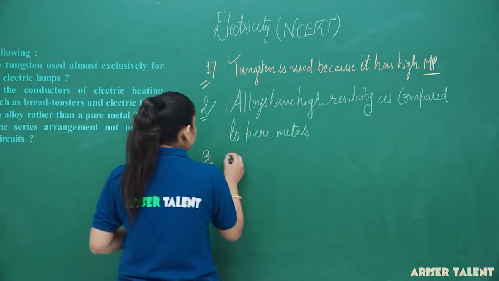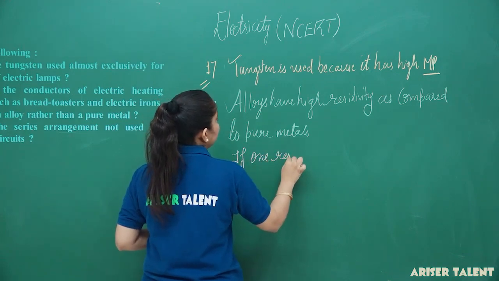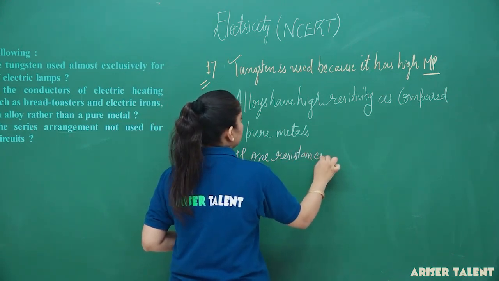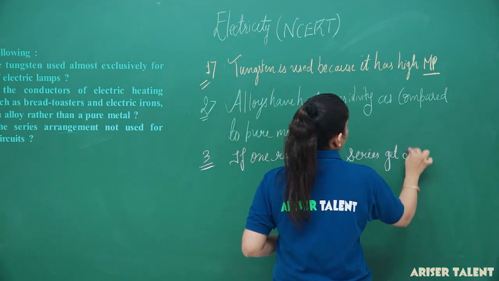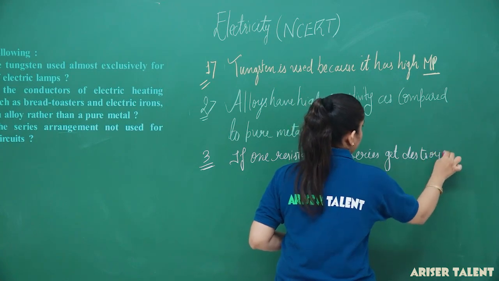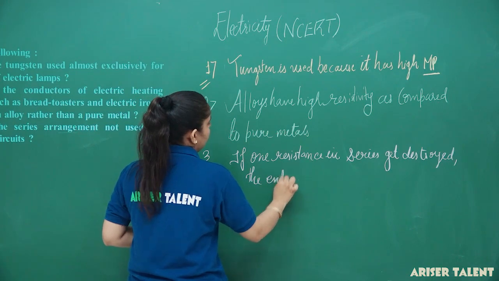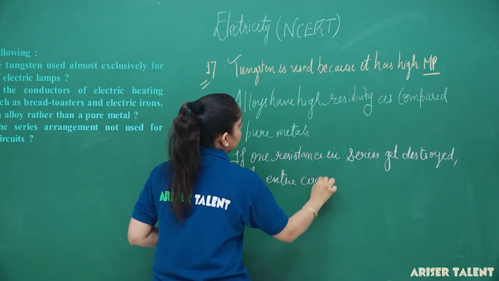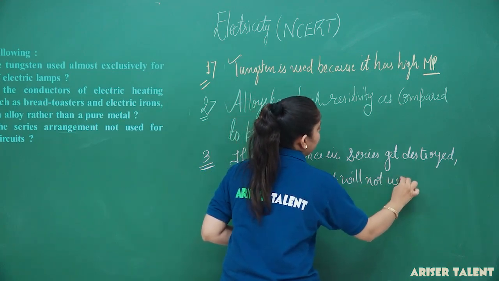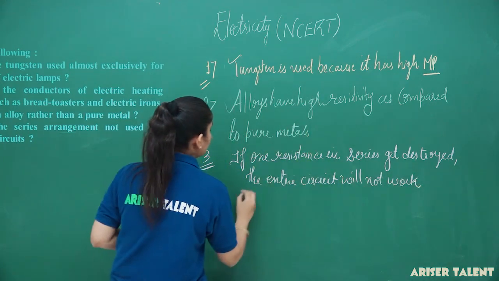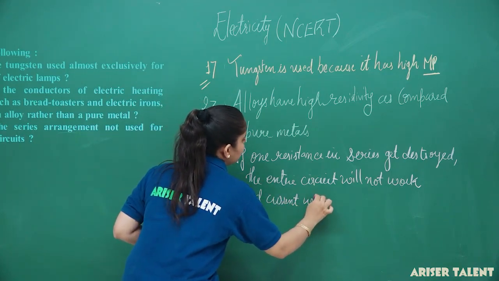So the reason is, if one resistance in series gets destroyed or does not work, the entire circuit will not work, and current will not flow in the circuit.